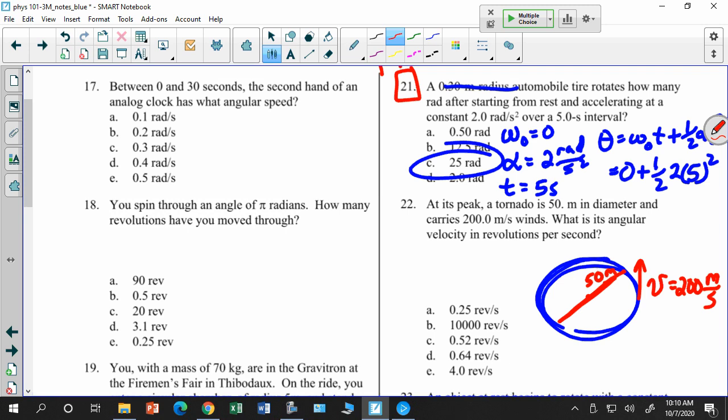But these angular and linear quantities are related by this relationship. s is equal to theta times r. You've seen this in geometry. This is the arc of an angle. And if I have a certain angle theta, this distance right here is the distance s.